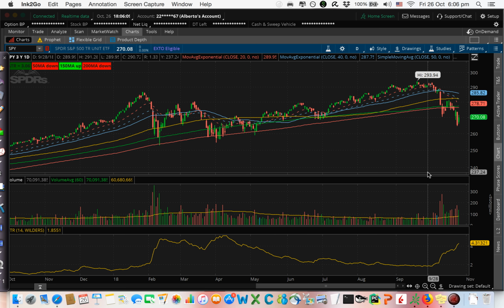Now, why is this drop important? For a few reasons. As you can see here, in February also we got a big drop, but there is a difference.